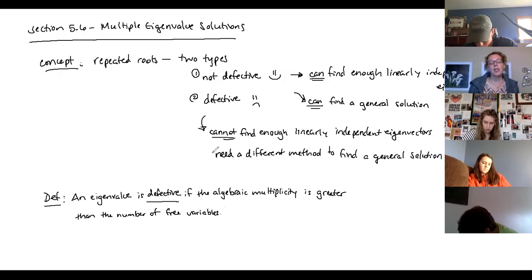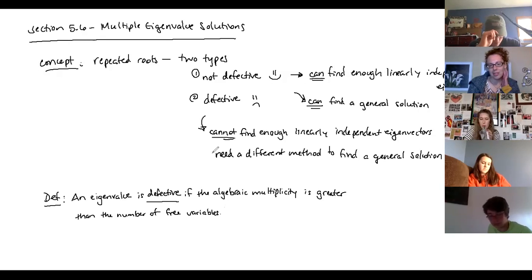You don't know what algebraic multiplicity is, you don't know what number of free variables is, I promise that we'll get there. I'm okay with that for right now.